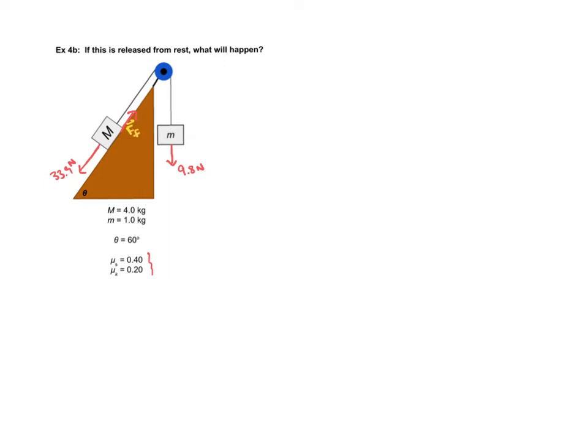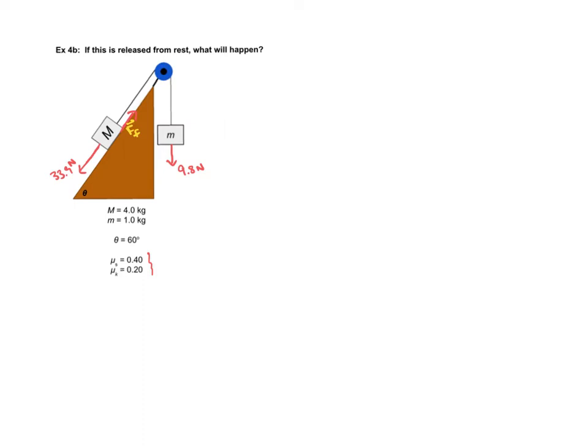So now I got to throw that detail in there. So that's going to counteract some of that 33.9 newtons. And is that going to actually cause the blocks to not even move at all, right?